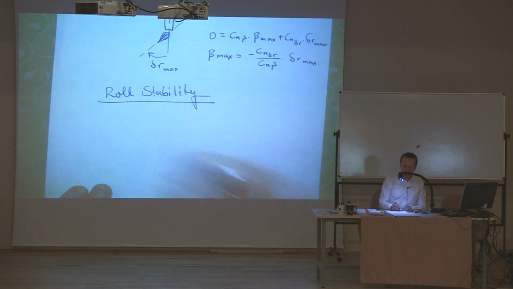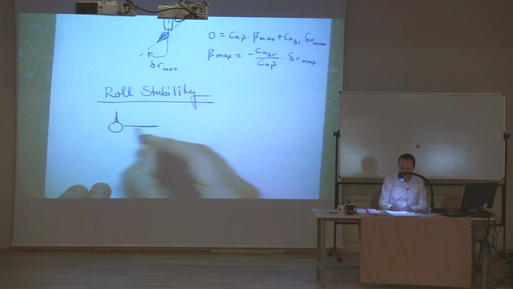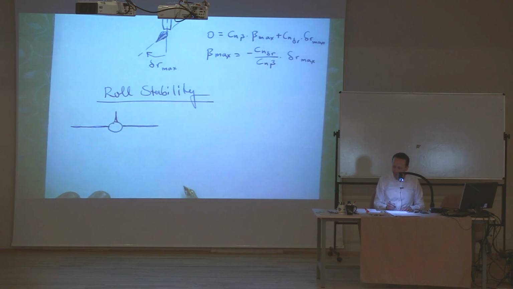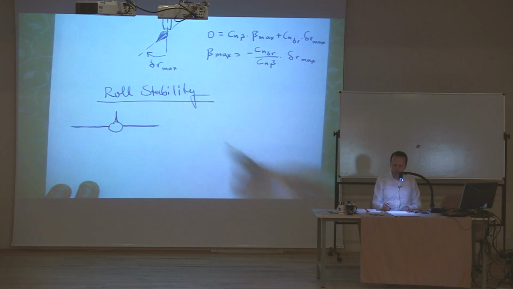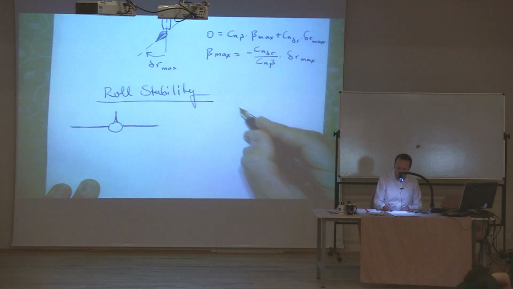What the roll stability really asks for is the following. Let's say I have an airplane that is flying at wings level, very nice, phi is equal to 0. You're in straightforward flight. For whatever reason, the airplane, let's say, rolls.